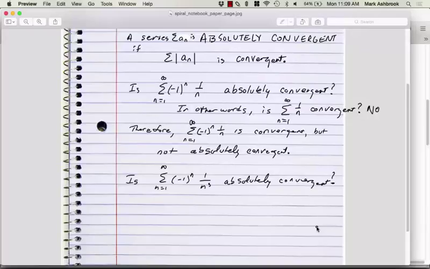Okay. Because you have 1 over n to the p and p is greater than 1. So we're asking, is it absolutely convergent? So yes, because the non-alternating version is convergent. P greater than 1.